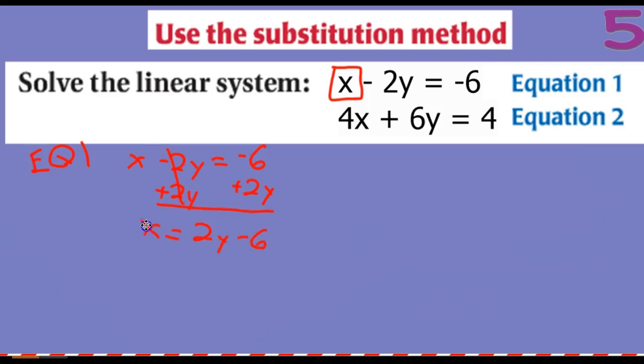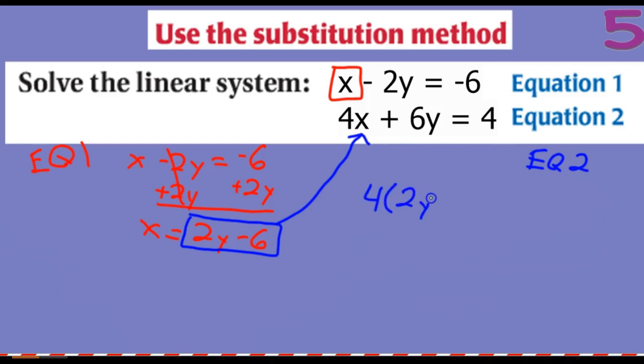Now since we have this variable by itself, we know that this 2y minus 6 is going to equal our x, and we can plug that in to equation 2. So equation 2 has 4 times 2y minus 6 plus 6y equals 4.